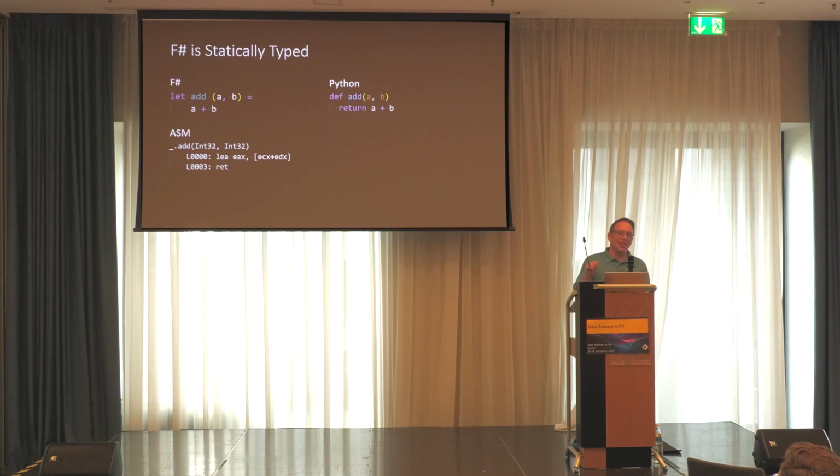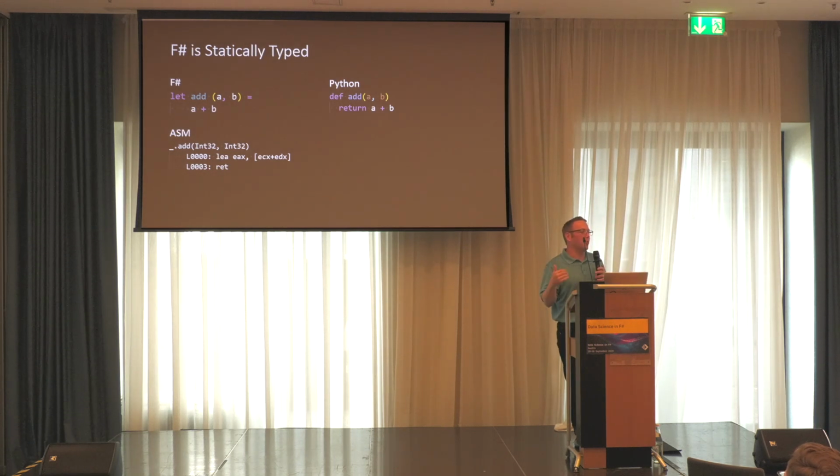But we have this add method. And again, you see it looks very much like F#. It's succinct, it's terse, it's easy to understand, but it's dynamically typed. When the Python interpreter runs, it doesn't necessarily know what these types are ahead of time.